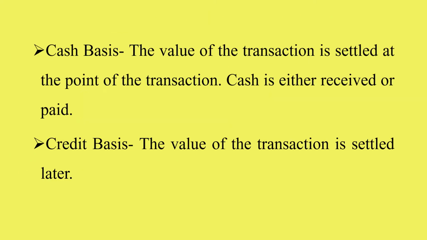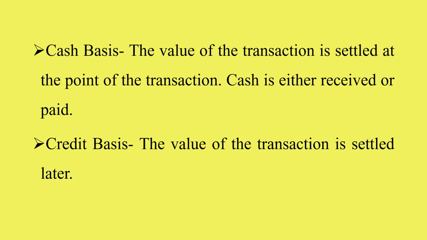Most of the transactions which occur in a business are usually associated with the purchase and sale of goods and providing services. These transactions are either made on a cash or on a credit basis. Cash basis means the value of the transaction is settled at the point of the transaction.